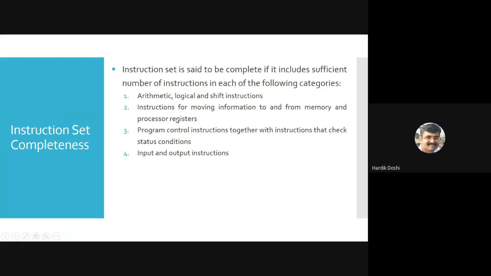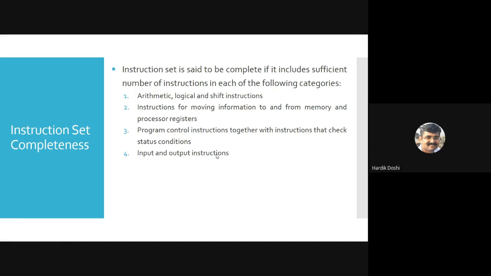That is what I have discussed, LDA and STA. Then program control instructions should also be there that check status conditions, like what I had mentioned: SPA, SNA, SZA, SZE. Skip next instruction if AC is positive, skip next instruction if AC is negative. They are program control, because we are controlling the execution of the program. And lastly, it should consist of input output instructions.